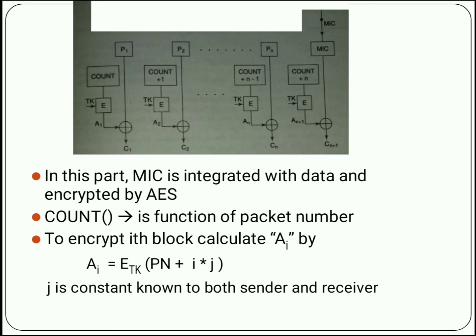It is a function of the packet number, and in order to encrypt the ith block we calculate Ai, where Ai is equal to E_TK of (PN + i × j), the encryption of the packet number, that is the IV, plus i times j, where i indicates the ith block, and j is a constant known to both sender and receiver, and the whole thing is encrypted with the temporal key TK. So this is the concept of Ai from PN and i × j.